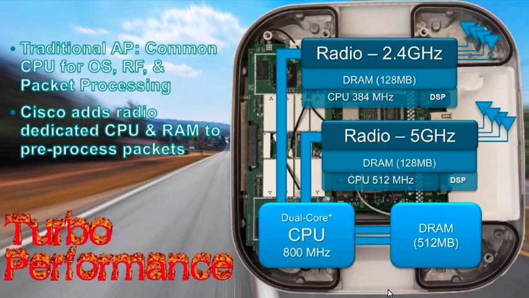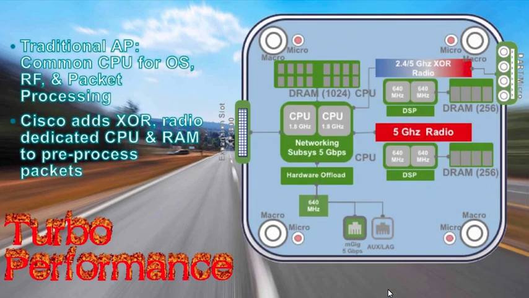But here's an interesting thing. We don't even stop there. In our new Wave 2 access points, we have beefed up the CPU with a dual 1.8 gigahertz dual-core CPU with a 5 gigabit backplane networking subsystem with hardware offload, which basically means it has similar ASICs to what we have in our Ethernet switches. We double the RAM.